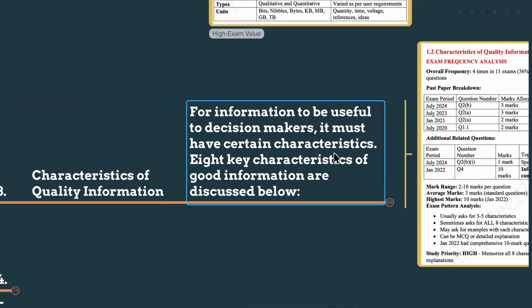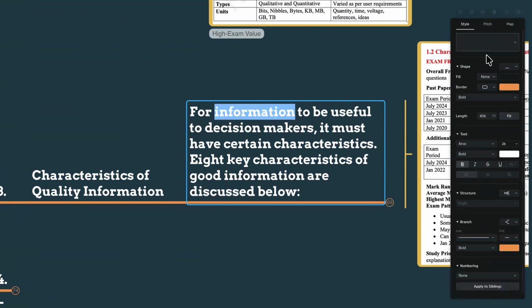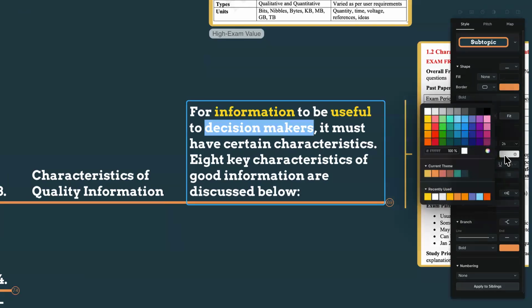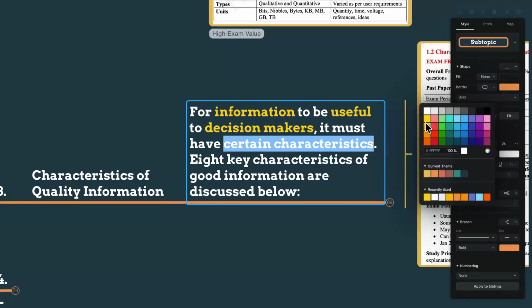So for information to be useful, right, we are talking about information, okay? Information is processed facts, processed data. To make our information useful for the decision makers, the persons who are going to take decisions using our information, it must have certain characteristics, my dears.